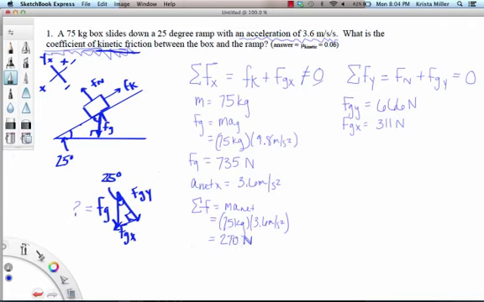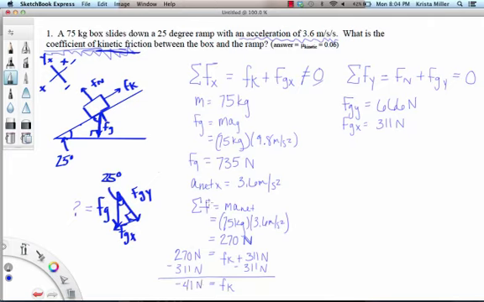So if I have a positive 270 newtons for my net force, I have 270 newtons equals force of kinetic friction, which I don't know, plus force of gravity in the x direction, which is 311 newtons. So now to get the force of kinetic friction, I'm going to subtract out my 311 newtons, and I'm going to get the force of kinetic friction as being negative 41 newtons.